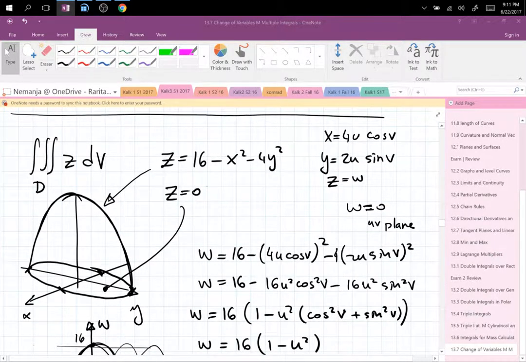We tried dividing, we got 1/2 tangent v equals y over x, which actually doesn't help. So v would be inverse tangent of 2 times y over x.